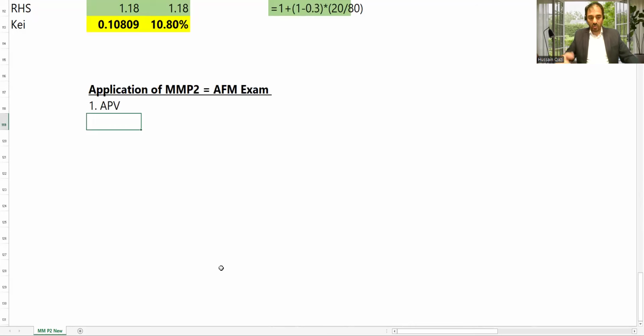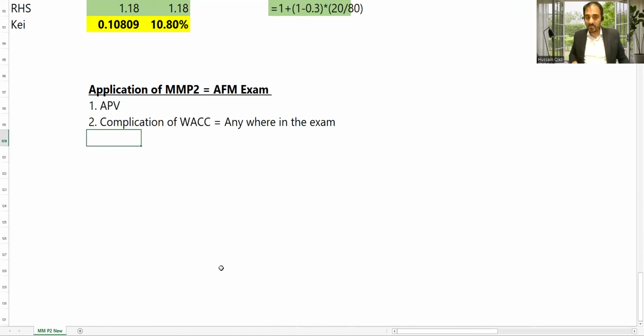So APV for sure, but also with respect to the complication of WACC anywhere in the exam. Anywhere exam. It's not necessarily only for APV. Maybe for the acquisition merger.